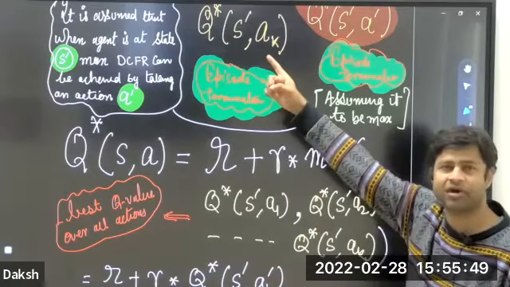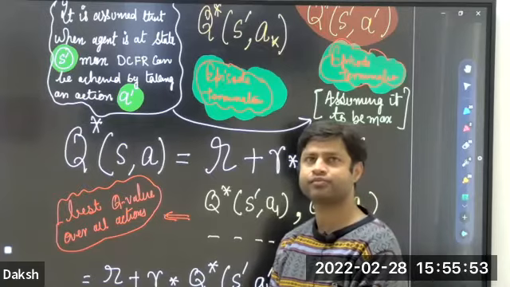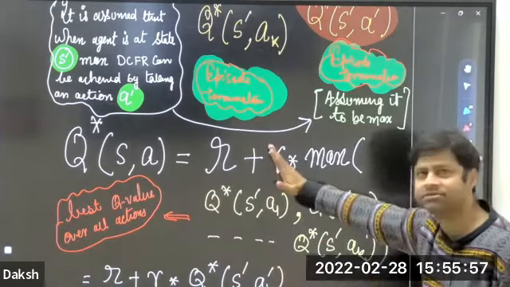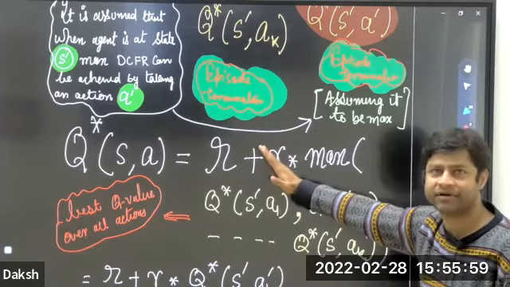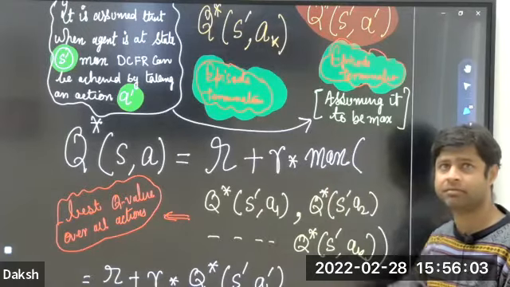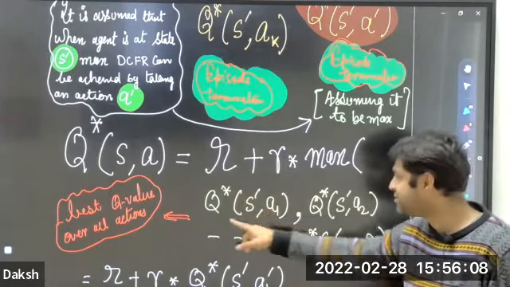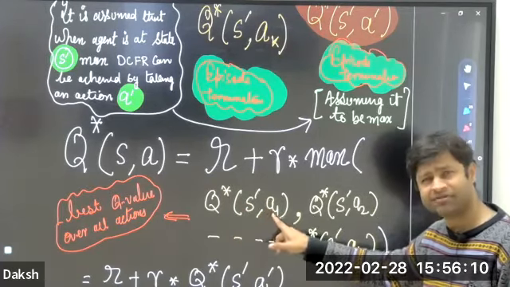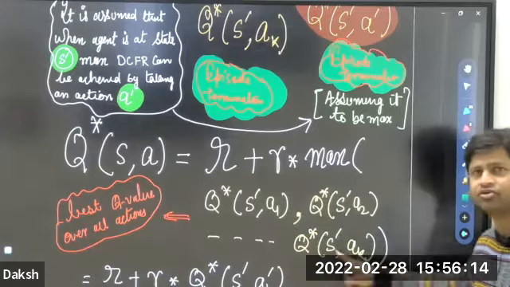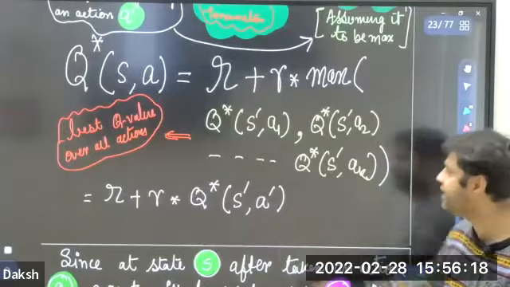Because R you have got, and then you have reached S', plus gamma times. Why? Because the discounted thing, max of the maximum that you can get via A1, via A2, A3, A4, so on. So इन सब में जो सबसे अच्छा है कौन था वो? मान लो वो A' था.